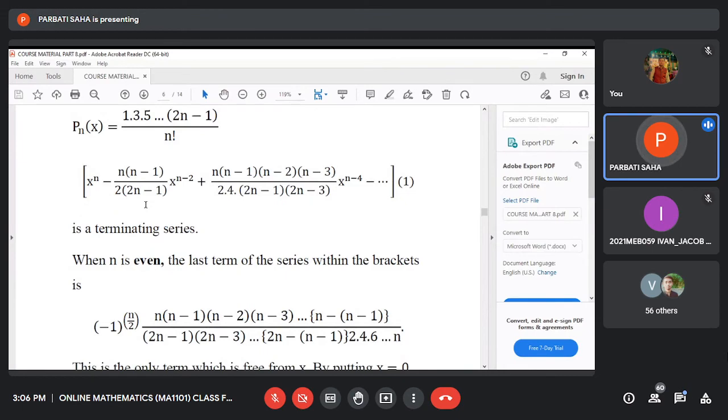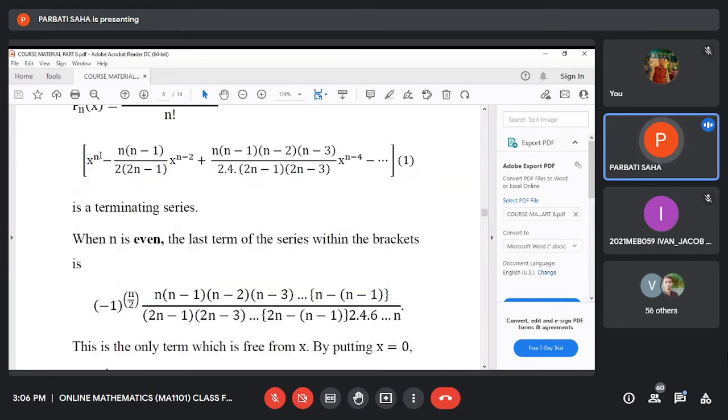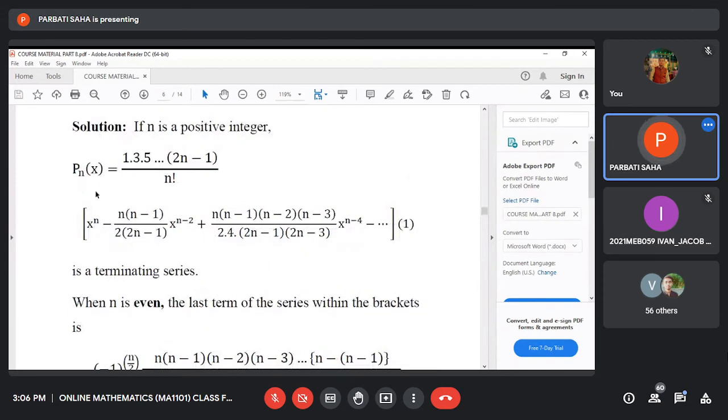I have already told you that if n is odd, suppose n is 5, then x to the power 5, x cube, x to the power 1. So all the terms should contain x. And so if you put x equals to 0, this series vanishes, because all the terms contain x, and all these terms will vanish.